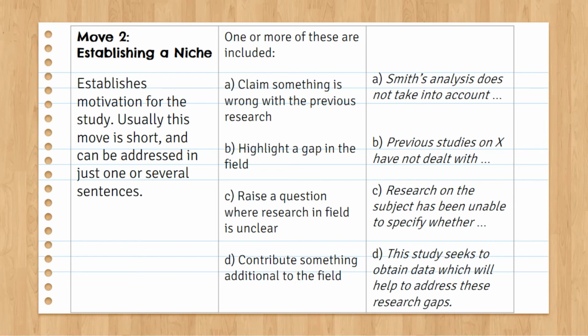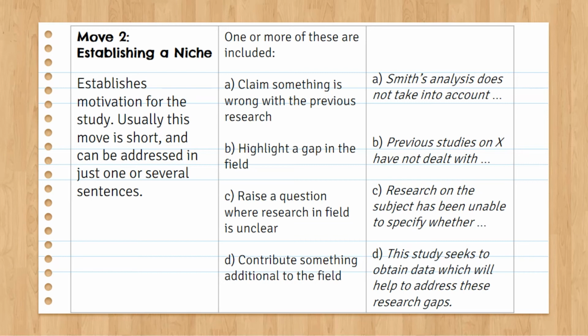First, claim something is wrong with the previous research. The sample language for this is: Smith's analysis does not take into account. Then, another sub-move, highlight a gap in the field.